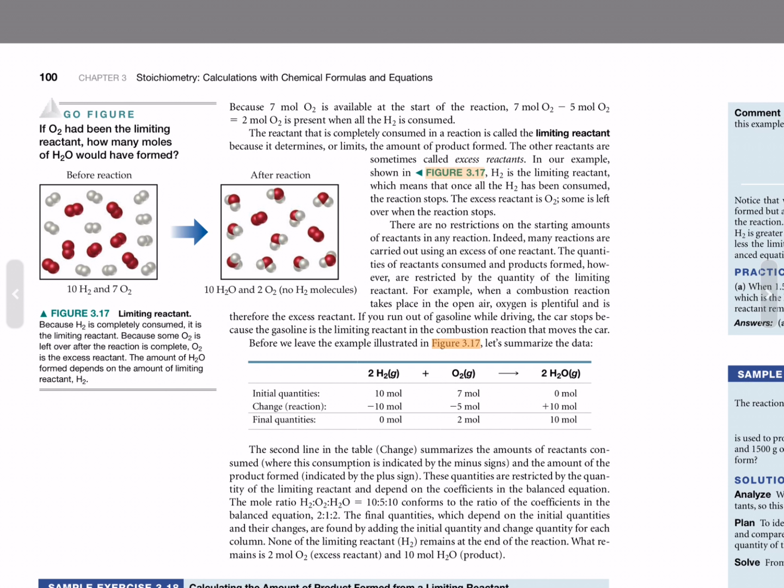Because 7 moles of oxygen is available at the start of the reaction, 7 moles of oxygen minus 5, there are 2 moles of oxygen present when all the hydrogen is consumed.